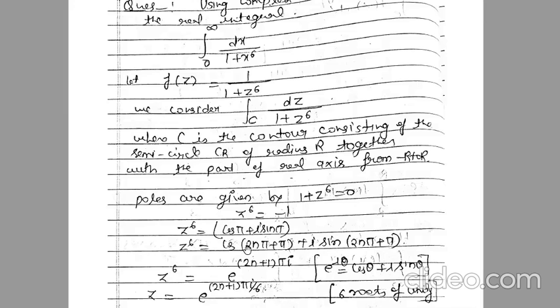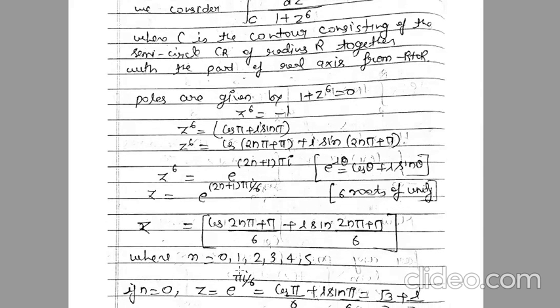So you can write cos (2n pi plus pi) plus I sin (2n pi plus pi), right? Now by De Moivre's theorem, cos theta plus I sin theta is e to the power I theta. So theta is 2n pi plus pi, so e to the power (2n plus 1) pi into I. Here De Moivre's theorem is applicable.